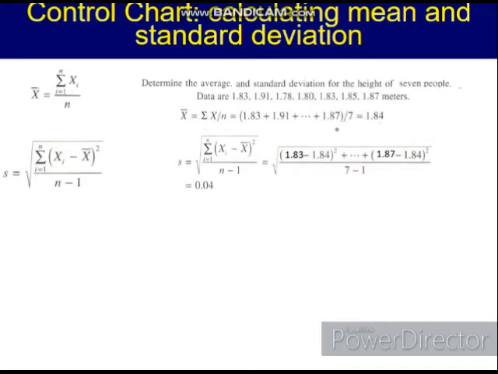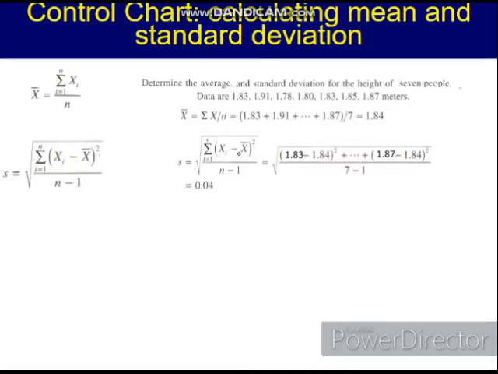To calculate the standard deviation, again, this is the sample standard deviation equation. Here you have the square root of the summation of xi, the individual data, minus x bar. What is x bar? We just calculated it, it is 1.84. Square it, divide by n minus 1, and take the square root.